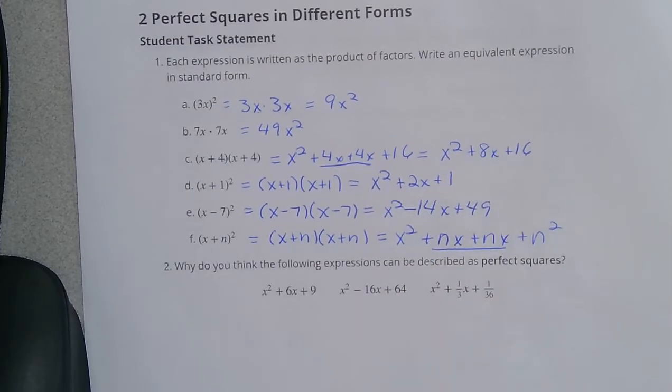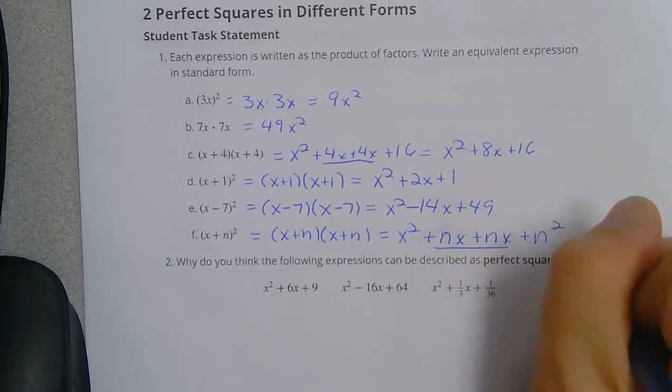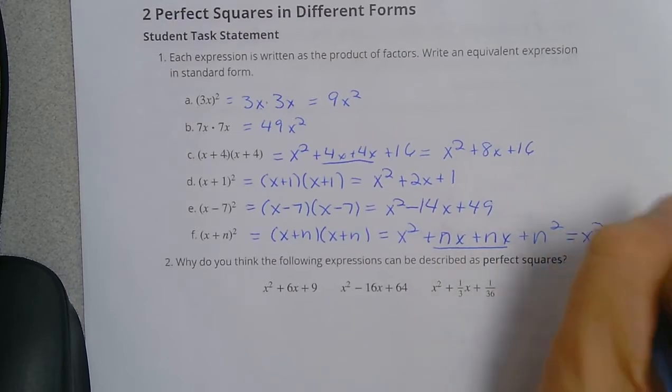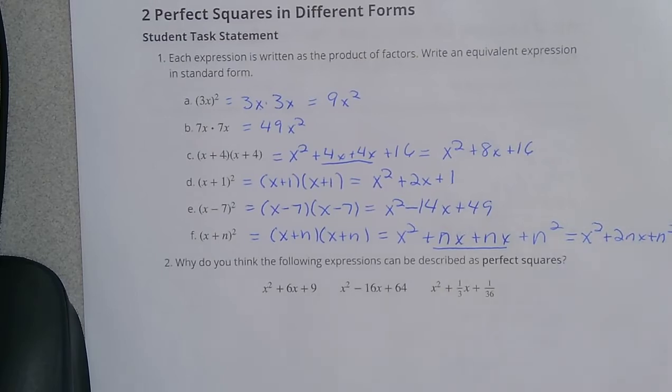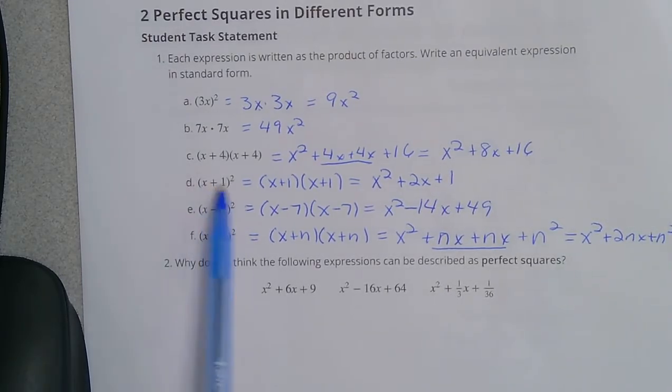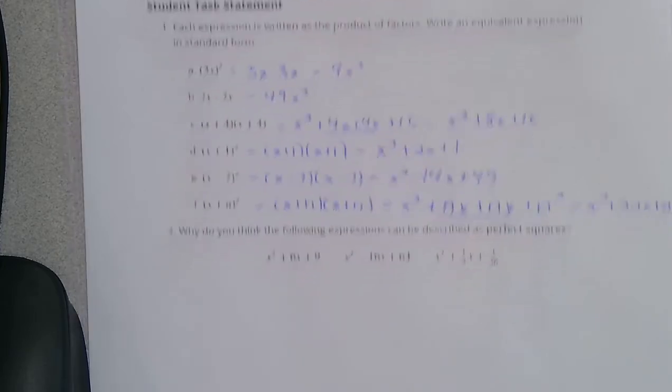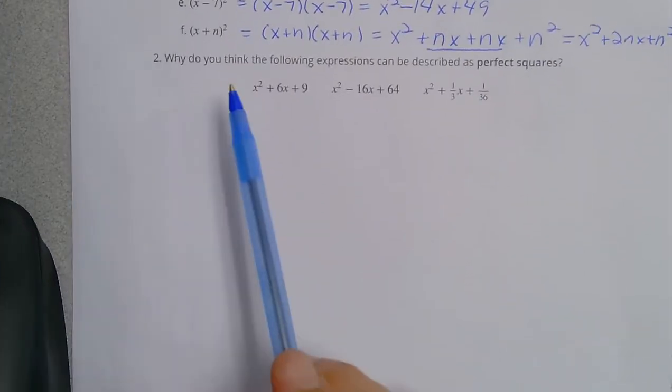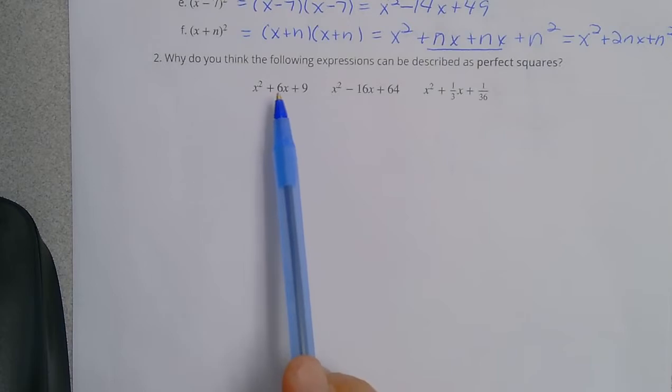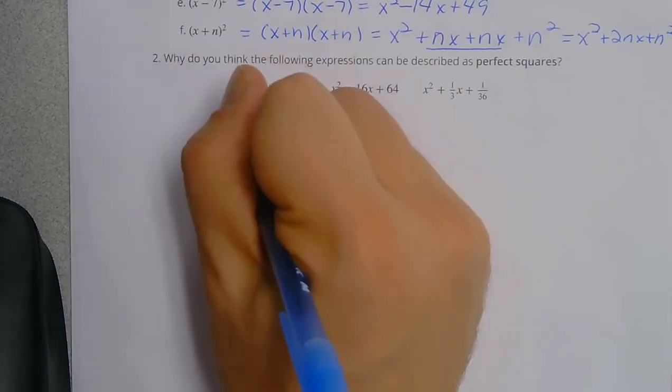I have nx terms that are the same, so I need to combine those. So that makes x squared plus 2nx plus n squared. So here we're moving from factored form to standard form. And now for number 2, I'm going to have to work backwards. So this is in standard form, and I need to factor.